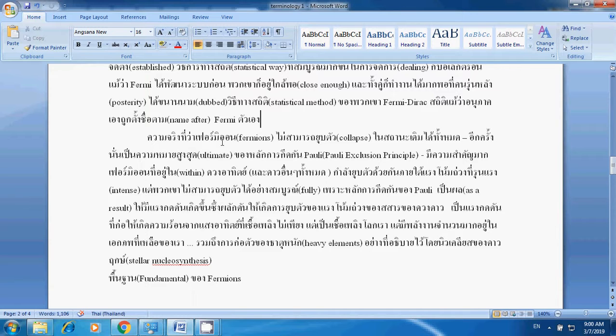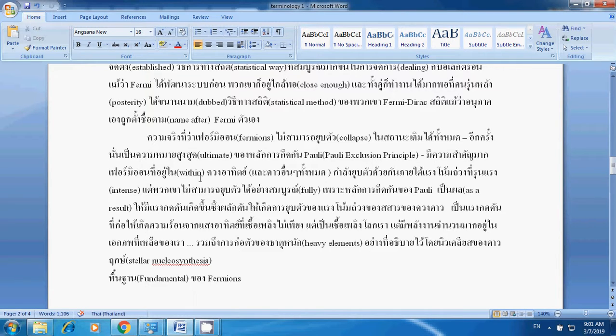The fact that fermions cannot collapse into the same state again is the ultimate meaning of the Pauli exclusion principle. This is very important.